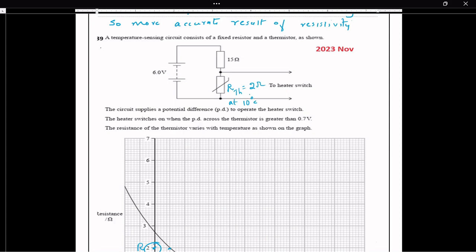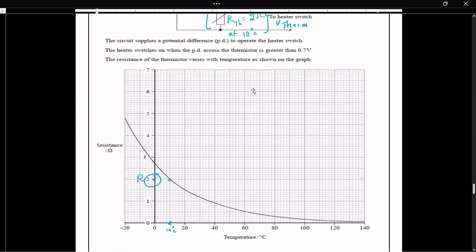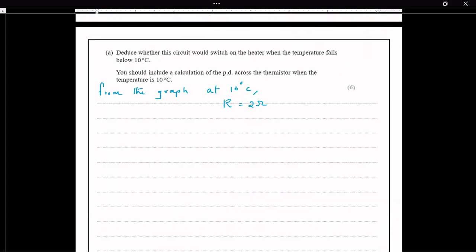Therefore, we can calculate the voltage drop across the thermistor. So voltage drop across the thermistor is I circuit times the resistance of the thermistor.